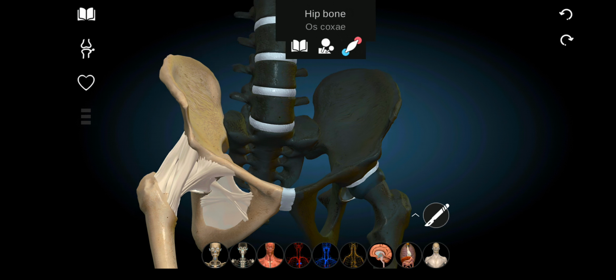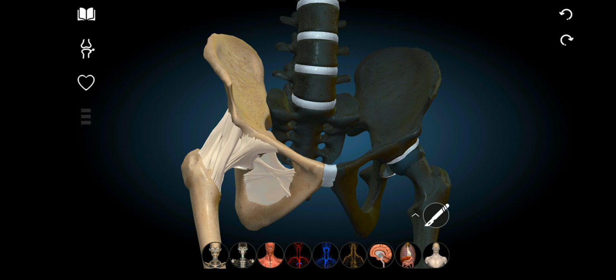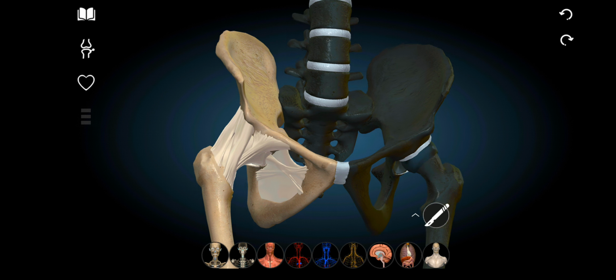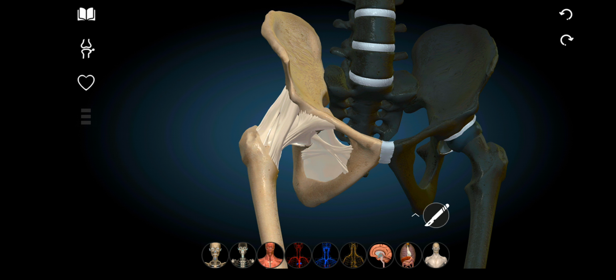So they alternate inside. So when we look at how they function and how we train them, we have to consider what's going on at the pelvis because the pelvis can tilt anterior and posteriorly depending on what you're doing. And then the bone, the head of the femur here, basically the head of the femur can rotate within a ball and socket joint.